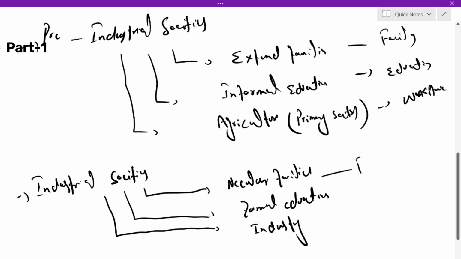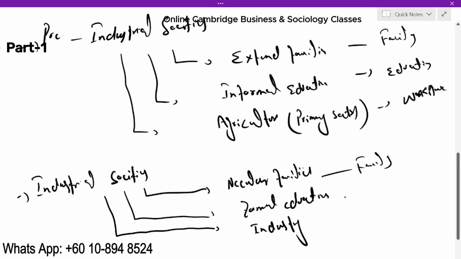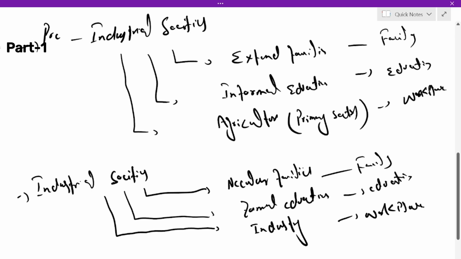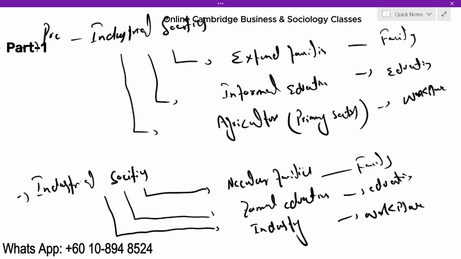Now you can see family, education, and workplace. Whenever the workplace changes, you can see changes in the other institutions as well. That's why we say these institutions are closely associated with each other.